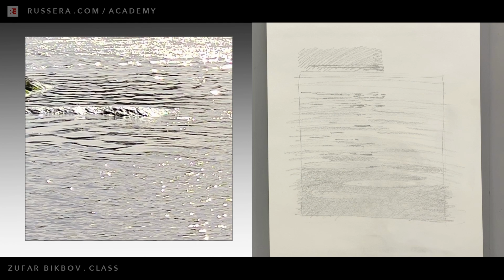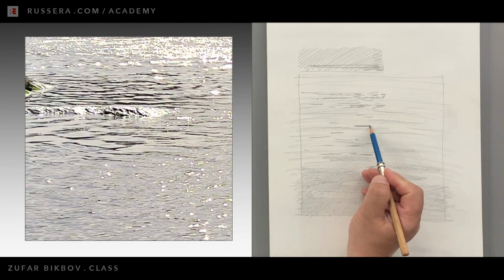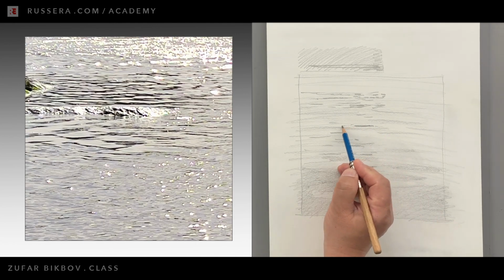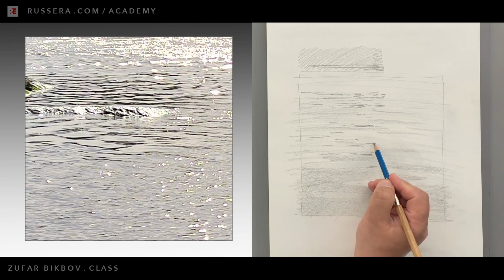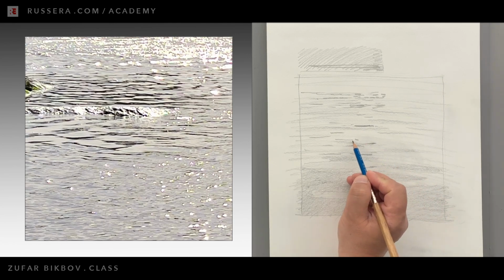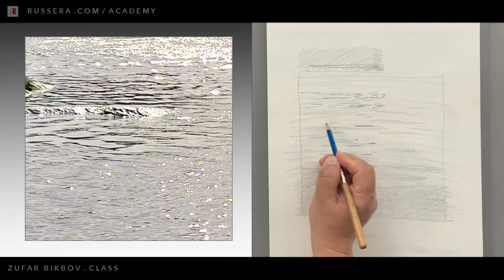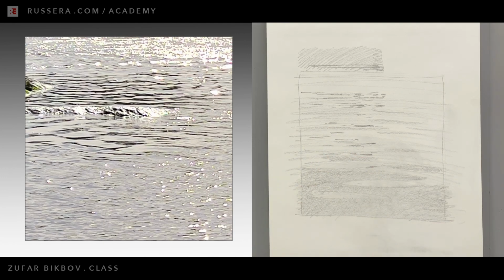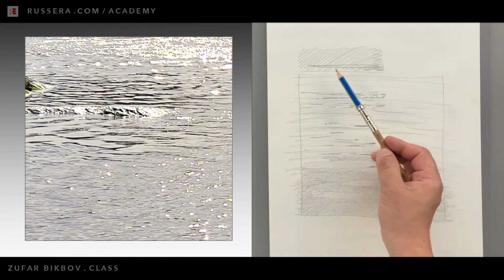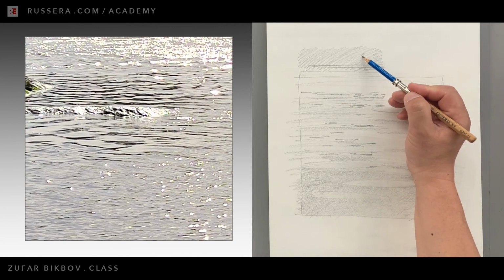Then we have a lot of glow over there. So it starts already feeling like water, and this sparkle is nothing more than a reflection of the sky. They actually work pretty much the same way as the reflection of these trees in water.